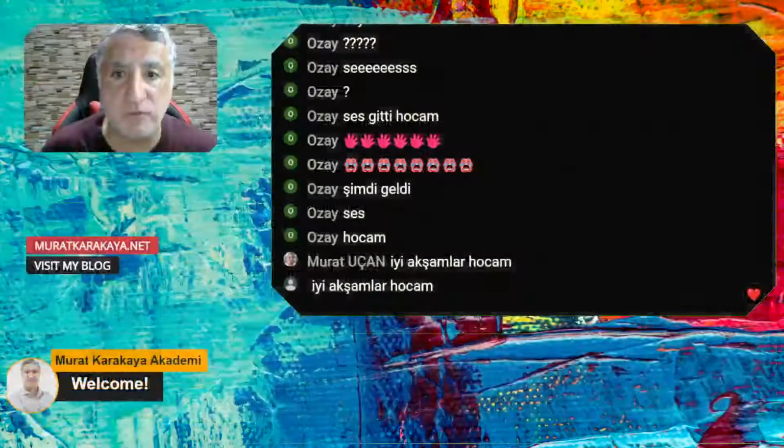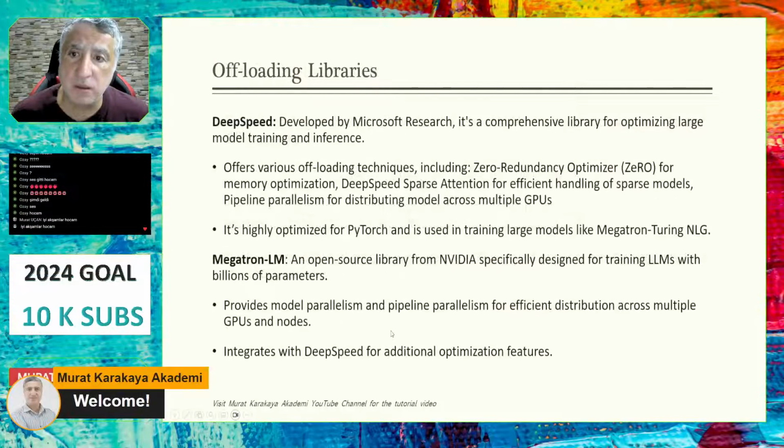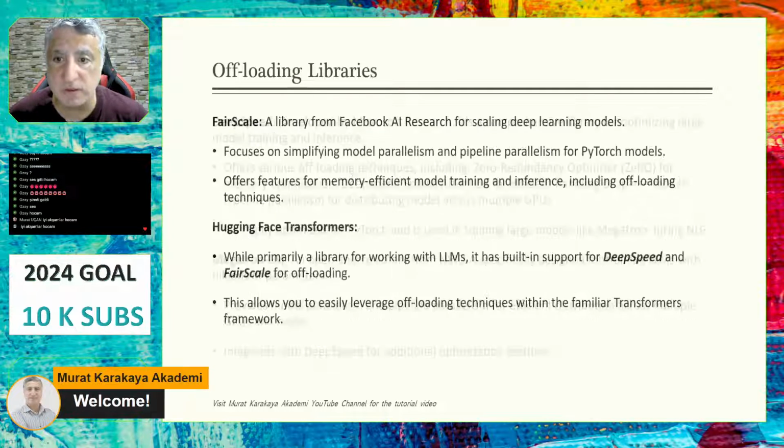Today I am going to cover some libraries. There are many, but the most popular ones, for example, DeepSpeed. It's developed by Microsoft Research, and it can support several different ways of model offloading. And Megatron also, it is developed by NVIDIA, and you can download and use it for your requirements.